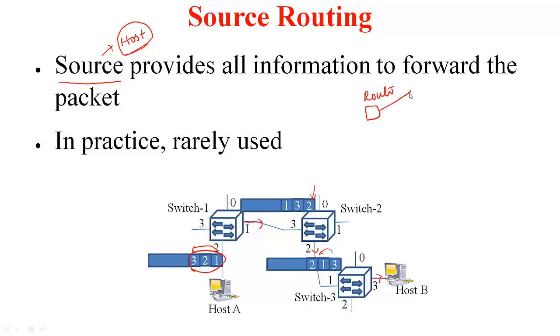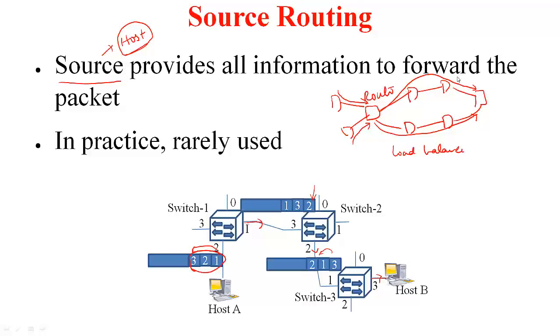So for example, in this case, there are multiple paths in this fashion. These are routers, and this is the internet core, and when you are getting packets from this router, you may want to send it on this path, and when you are getting packets on this router, you may want to send it out on this path. If you want to enforce such a path, for example for load balancing purposes, you need to specify the path to take, and this is done through source routing.